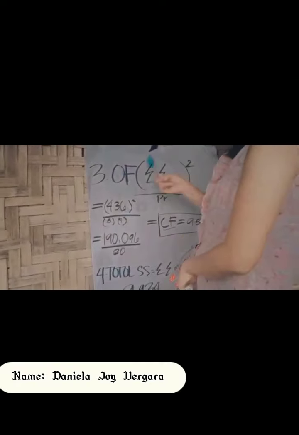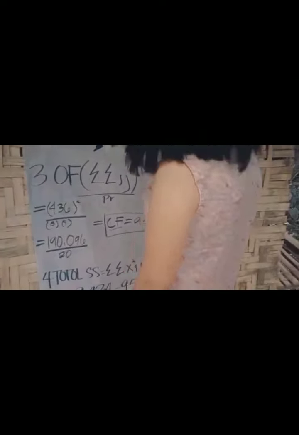So, the result of the double summation of x squared ij is equal to 9,934.